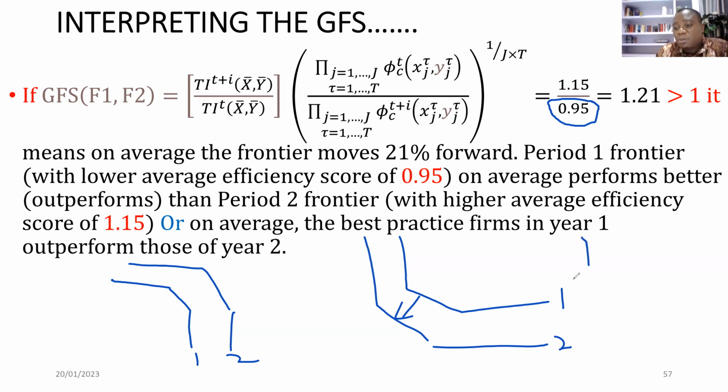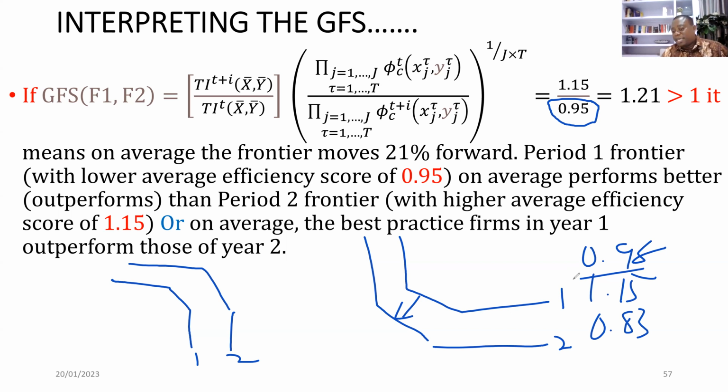If we had done 0.95 over 1.15, what would have been the score? 0.83. Okay.